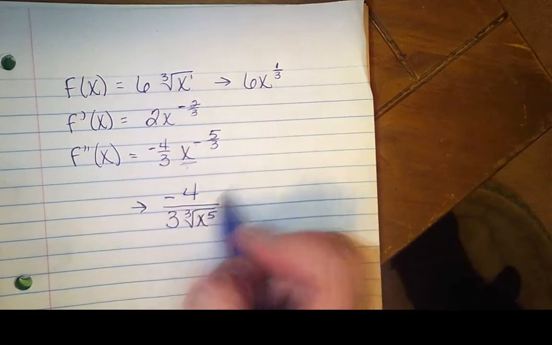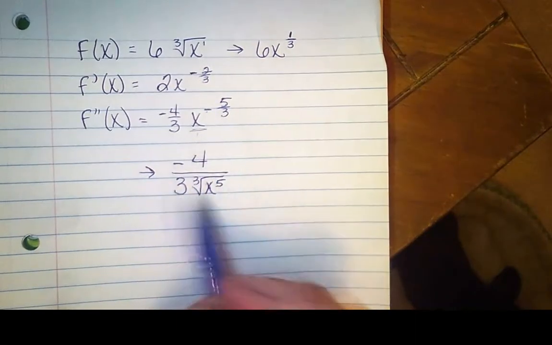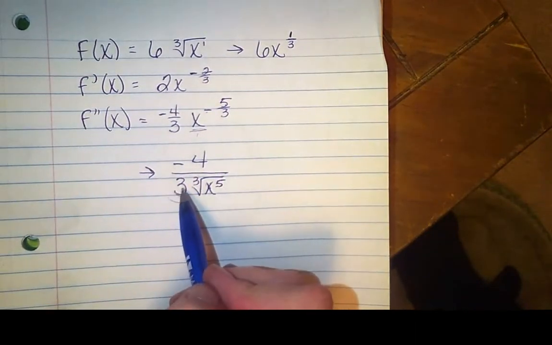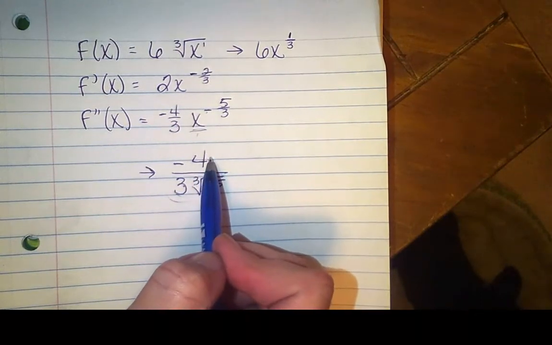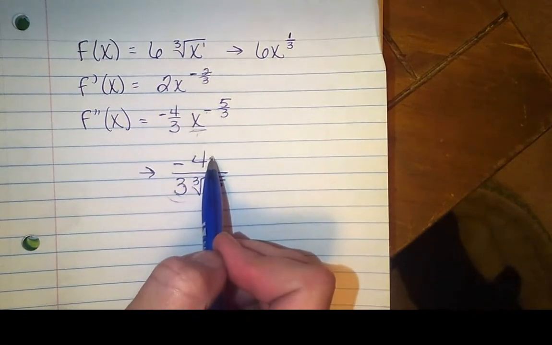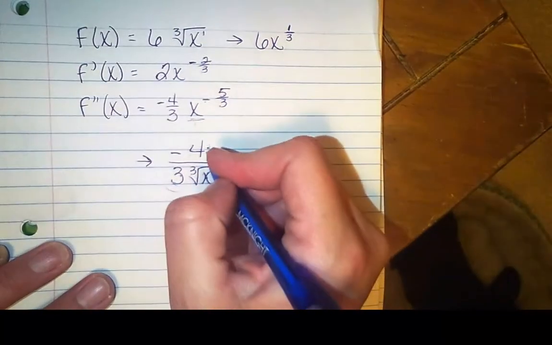I do care that if I use 0, my function will be undefined. The next thing I notice is that the only way to make a fraction equal to 0 is if my numerator equals 0. And that is impossible to do with this one because I can't just say, poof, you're a -4 and I'm going to turn you into a 0.